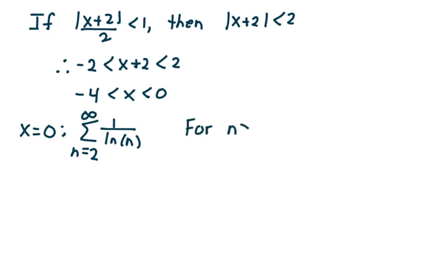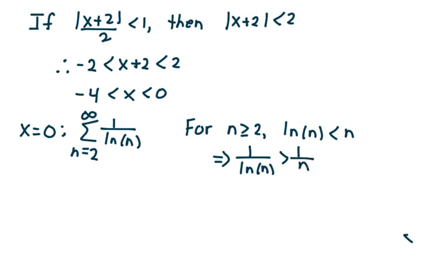For n greater than or equal to 2, I claim that natural log of n is less than n. And so that implies 1 over natural log of n is greater than 1 over n. Now, what does that mean?